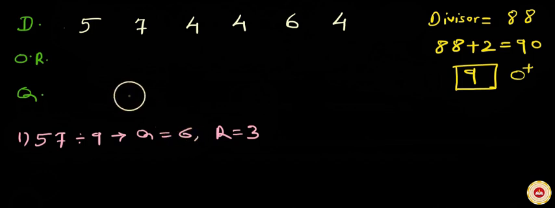So let us write quotient 6 below 57 and write remainder 3 as a prefix to the next digit in the dividend, which is 4. Now read this as 34. Now let us find the first osculation number. See, step number 2.